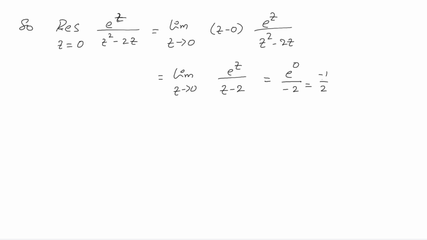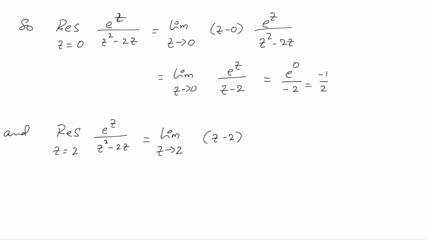Whereas coming to the residue of e to the power of z divided by z square minus 2z at the point z equal to 2, we can observe here that z equal to 2 is also a simple pole of this function. Hence we get this value as the limit z tending to 2 of z minus 2 times e to the power of z divided by z square minus 2z.